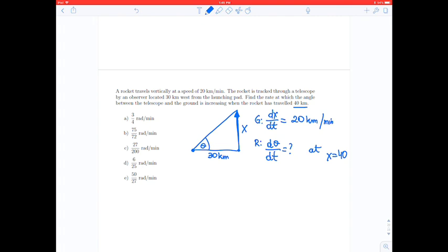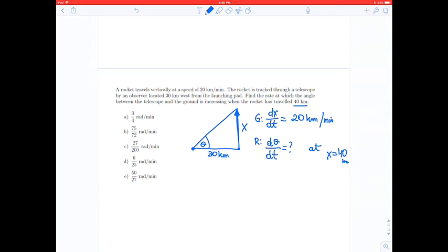Okay, 40 kilometers. We do have x, 30 and theta. We need the relationship. And I'm guessing again it's the trigonometric ratio, because as soon as the angle is involved, I will use the trigonometric ratio. And tangent theta is x over 30.